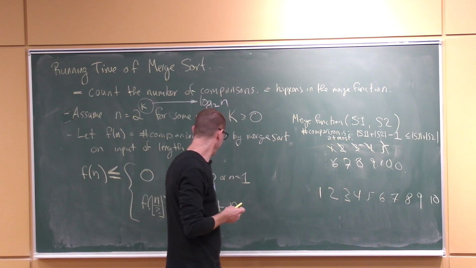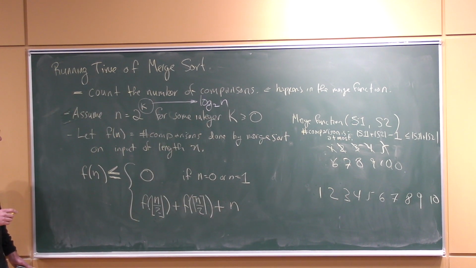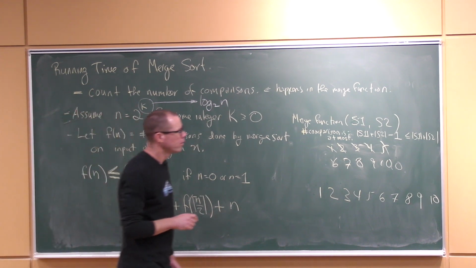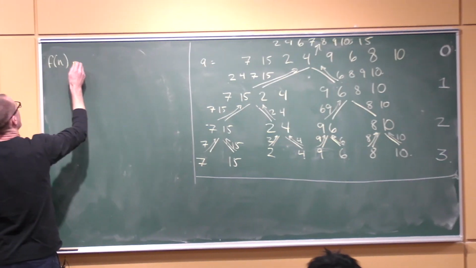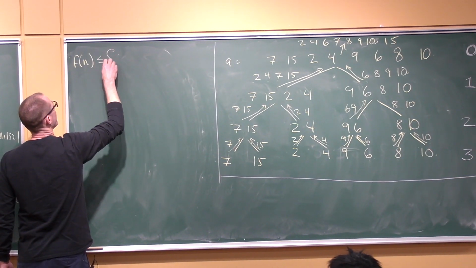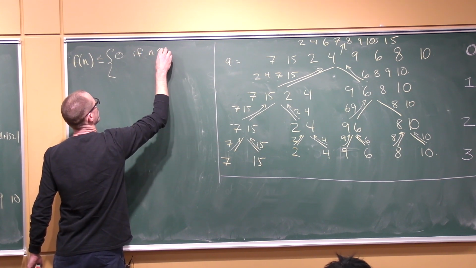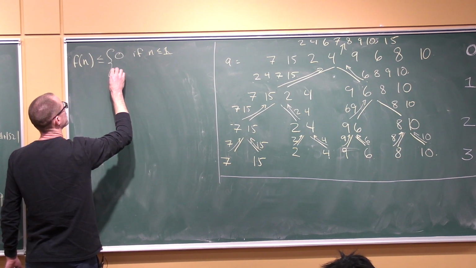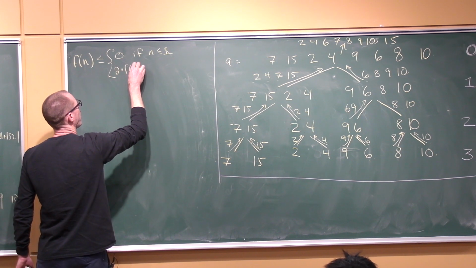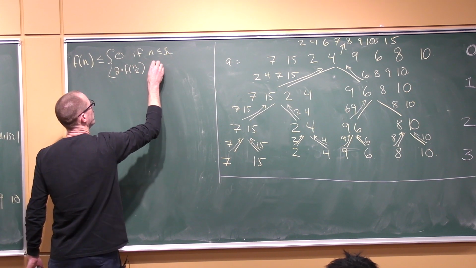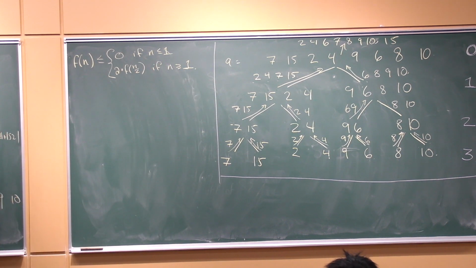Now if we use that assumption, we're saying f of n is less than or equal to 0 if n is less than or equal to 1, and it is less than or equal to 2 times f of n divided by 2 plus n if n is bigger than or equal to 2.